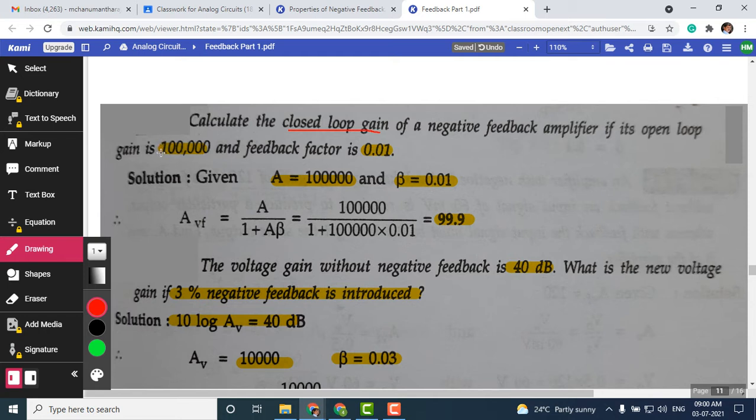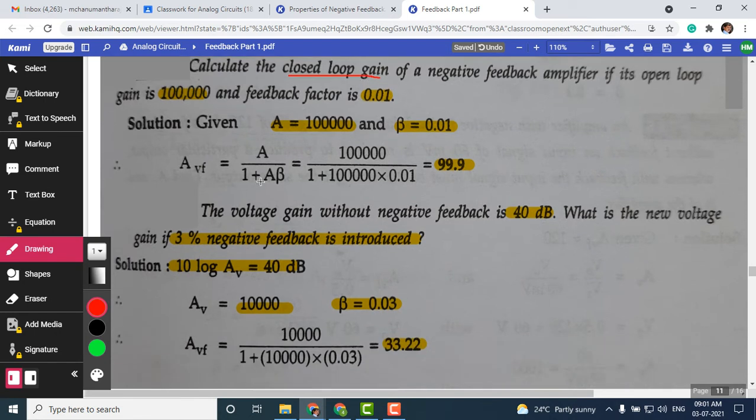A is given, the basic amplifier gain or open loop amplifier gain, which is 100,000, and the gain of the feedback network is also given, which is 0.01. Using these two relations, you can substitute in the basic gain formula, AVF is equal to A divided by 1 plus A beta, and you can obtain the gain with feedback, which is going to be 99.99.